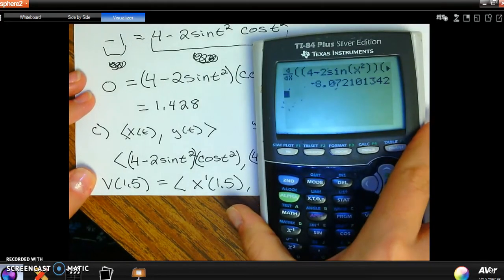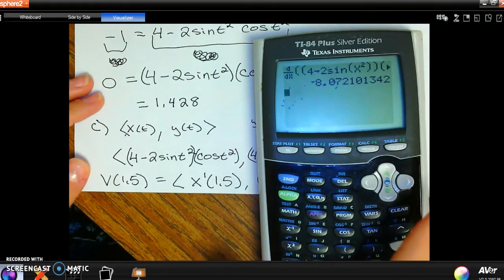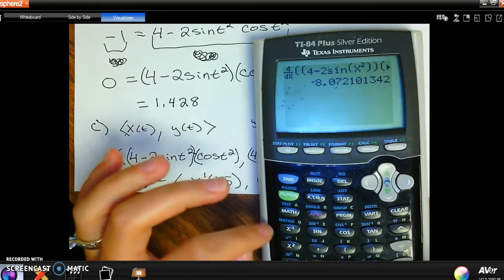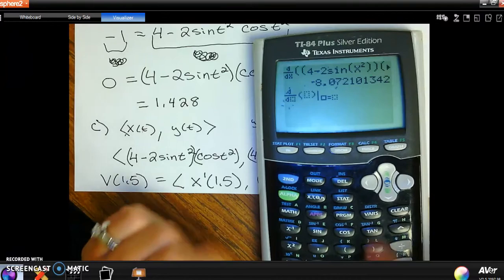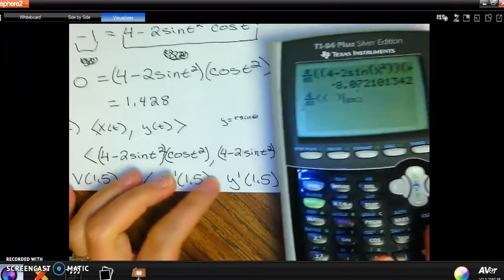I'm still in function mode, so if you do it with the x, you get that. So there is my x1, and then I will type in the y1. You're going to do Math 8, and now I need to type in that same thing, but only whatever the y coordinate was.